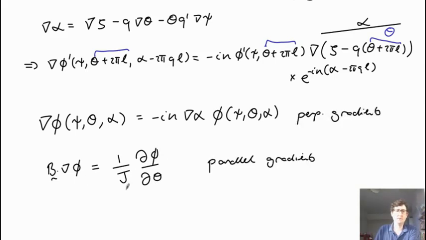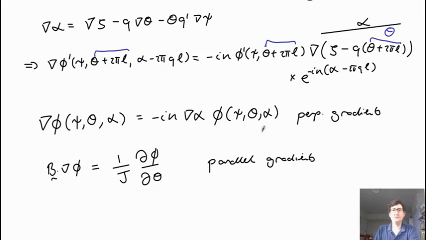And so these are expressions for the parallel gradients of the perturbation field phi and the perpendicular gradients of the displacement phi. And so we can take our equation, like the ballooning mode equation, and essentially replace all perpendicular gradients with minus in grad alpha, and all parallel gradients with this 1 over j d by d theta.